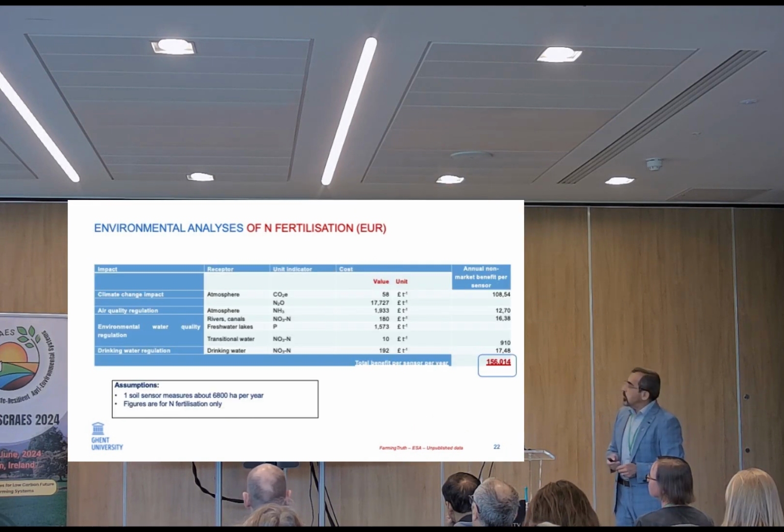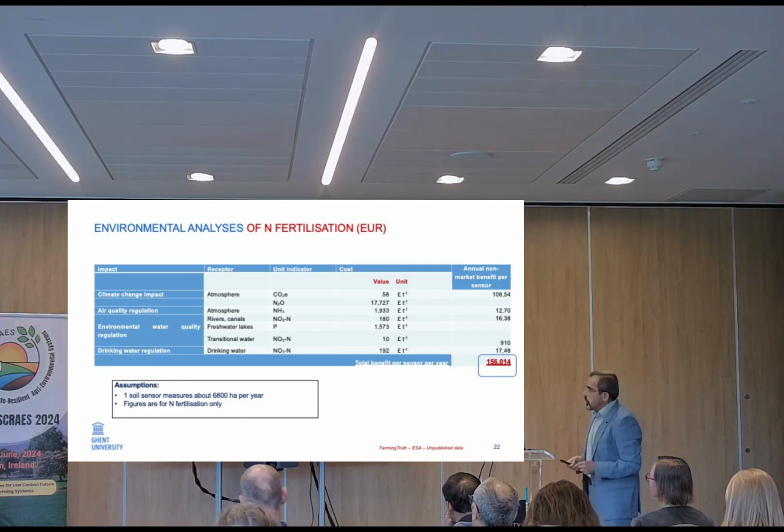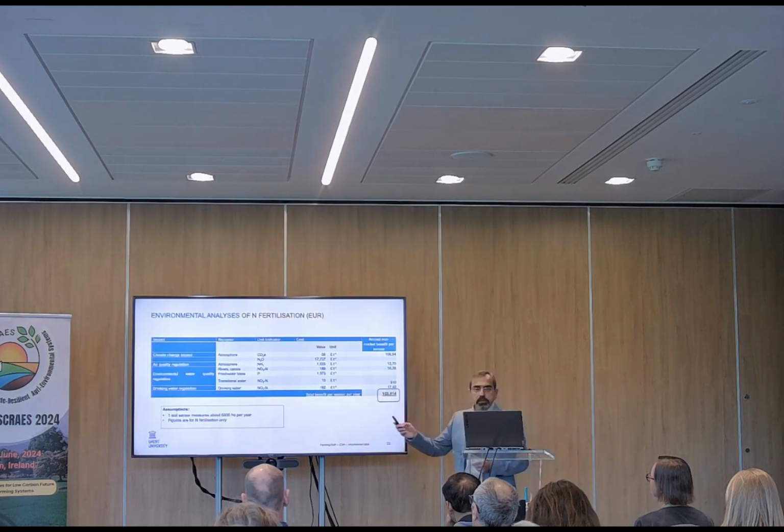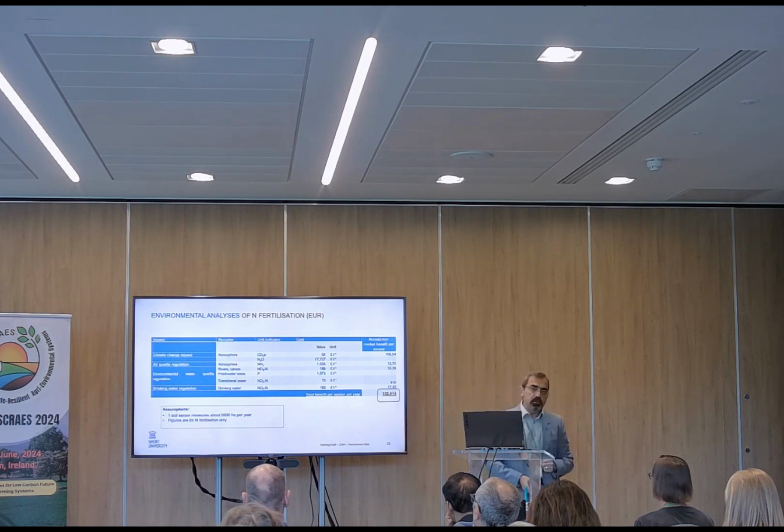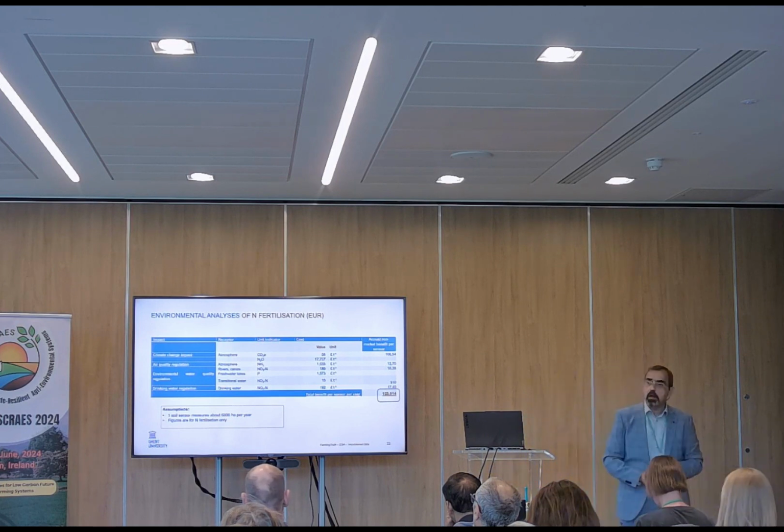But what I would like also to say is that in 7,000 hectares of land, over 4 years of crop rotation, one sensor like this can save up to 156,000 euros.